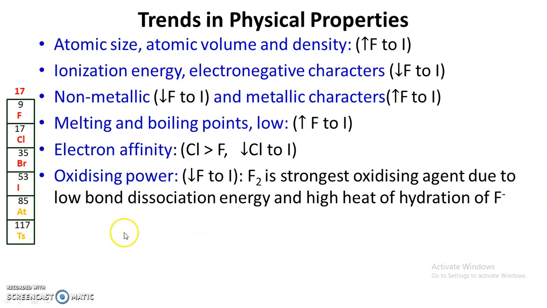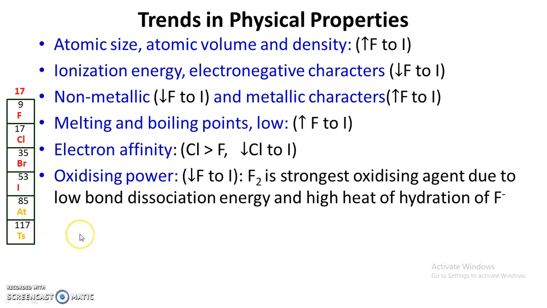Then oxidizing power. Basically the halogens are good oxidizing agents, but oxidizing character decreases from fluorine to iodine, and fluorine, F2, is the strongest oxidizing agent.